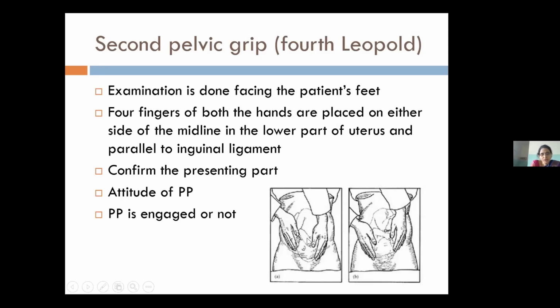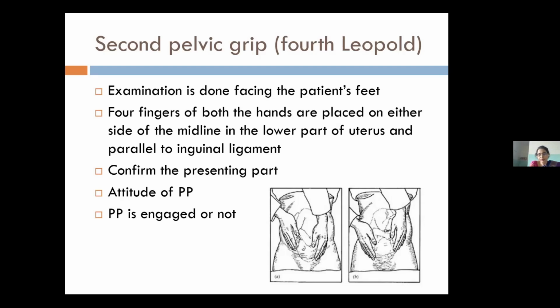So by the fourth grip, what can you find out? You have to confirm the presenting part, whether it is a cephalic or a podalic or a breech presentation, and also you have to see the attitude of the presenting part, whether it is completely flexed or a certain amount of deflexion is present or not.